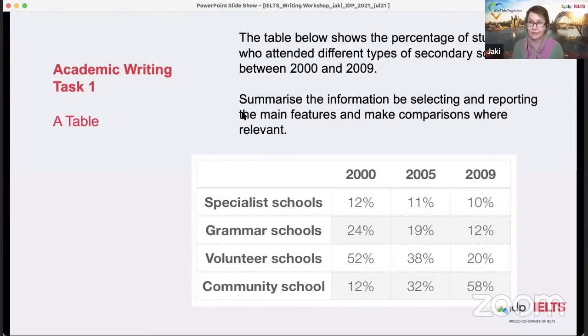Because sometimes it's not a graph, is it? Sometimes it's this, a table. Can you put the overview in the first paragraph? Yeah, that's what I just did then. But you need your introduction and then your overview together. You once had 5 graphs in task 1. I think that's unusual.